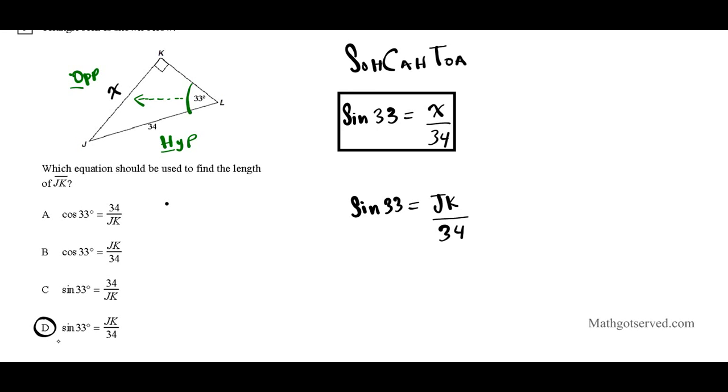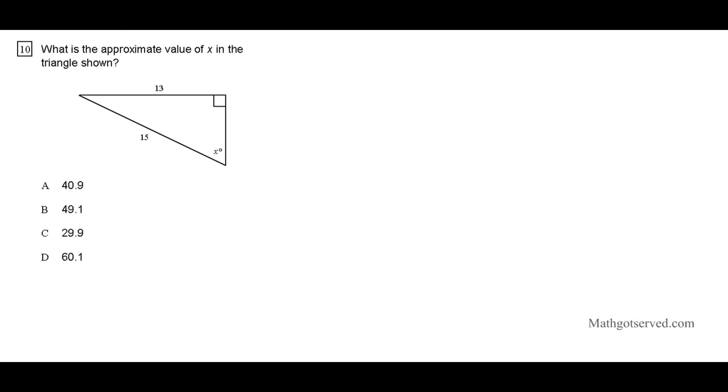All right, now the last question, question 10. It says, what is the approximate value of x in the triangle shown? So this is a right triangle trig problem again, because we have two sides and an angle. So this is the angle under consideration. So the question is, in SOHCAHTOA, to find that angle measure, are we going to be using sine, cosine, or tangent?